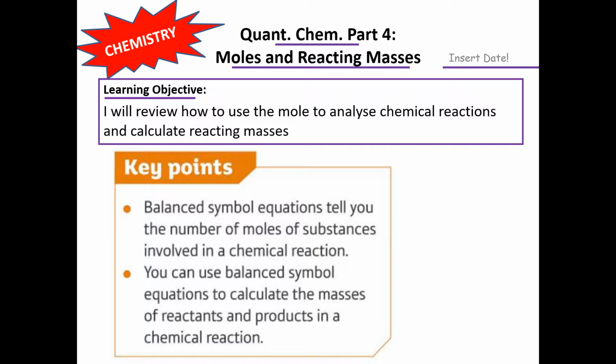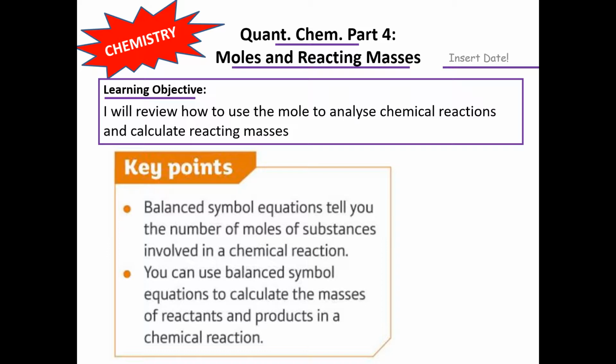Using our equation, we're thinking about the relative atomic or relative formula masses, and we need to make sure that we are always keeping the same ratios of reactants and products. Here are the key points from the syllabus. Balanced symbol equations tell you the number of moles of substances involved in a chemical reaction, and you can use balanced symbol equations to calculate the masses of reactants and products in a chemical reaction.